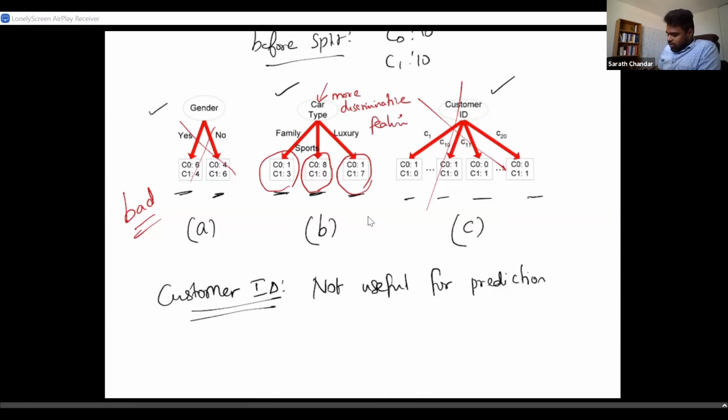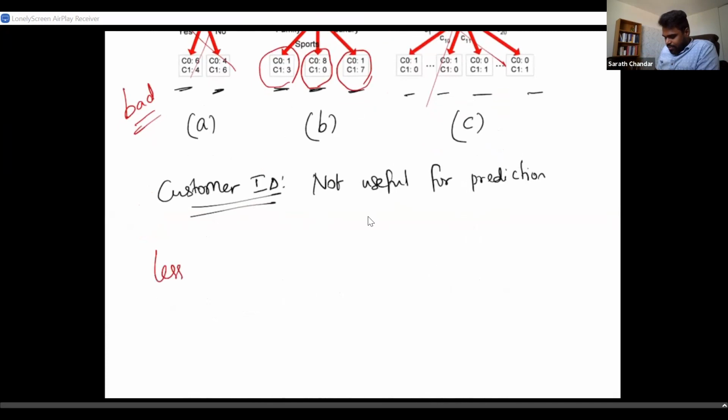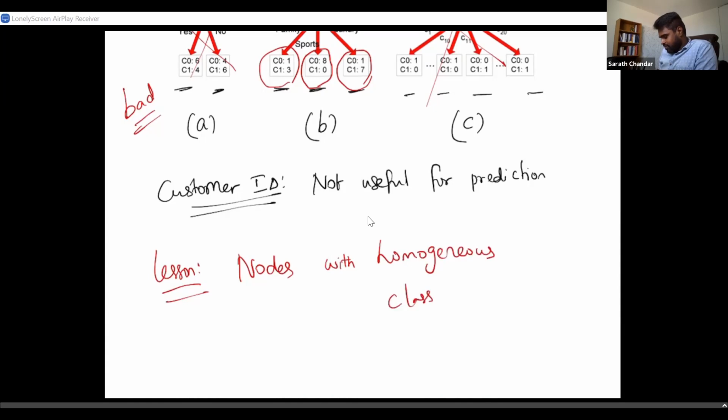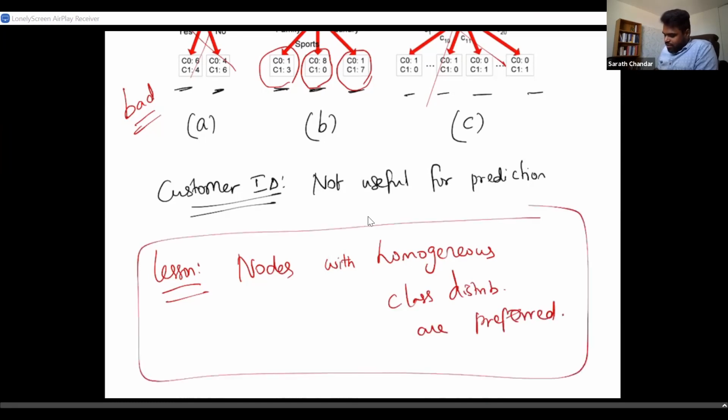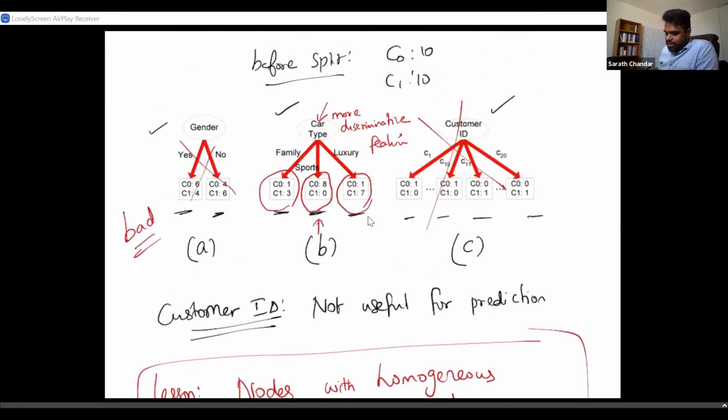Okay, so now the main lesson from this whole discussion is we generally prefer nodes with homogeneous class distribution. Now, in this case, this is 100% homogeneous, right?